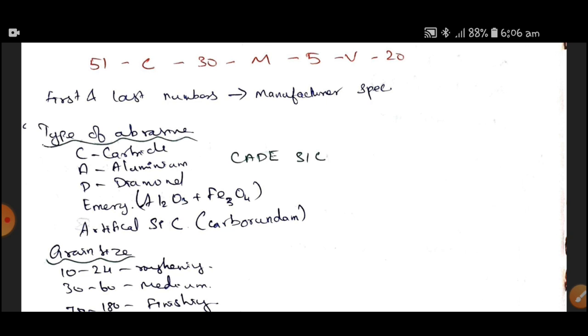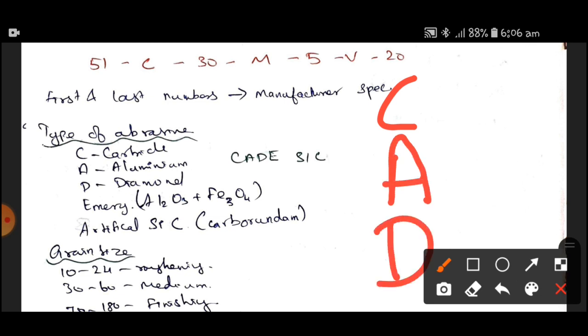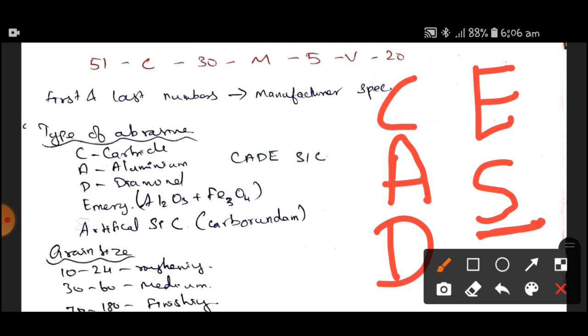The first letter denotes the type of abrasive. For carbide it is C, alumina it is A, diamond it is D, emery it is E, and silicon carbide it is S. Like that, they indicate the types of abrasives.